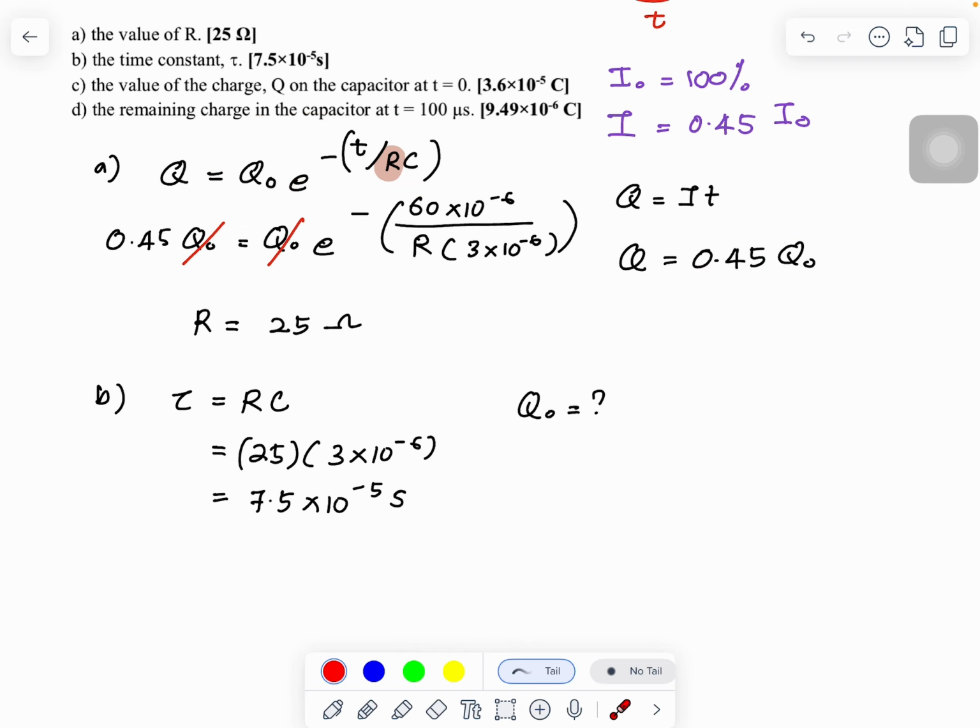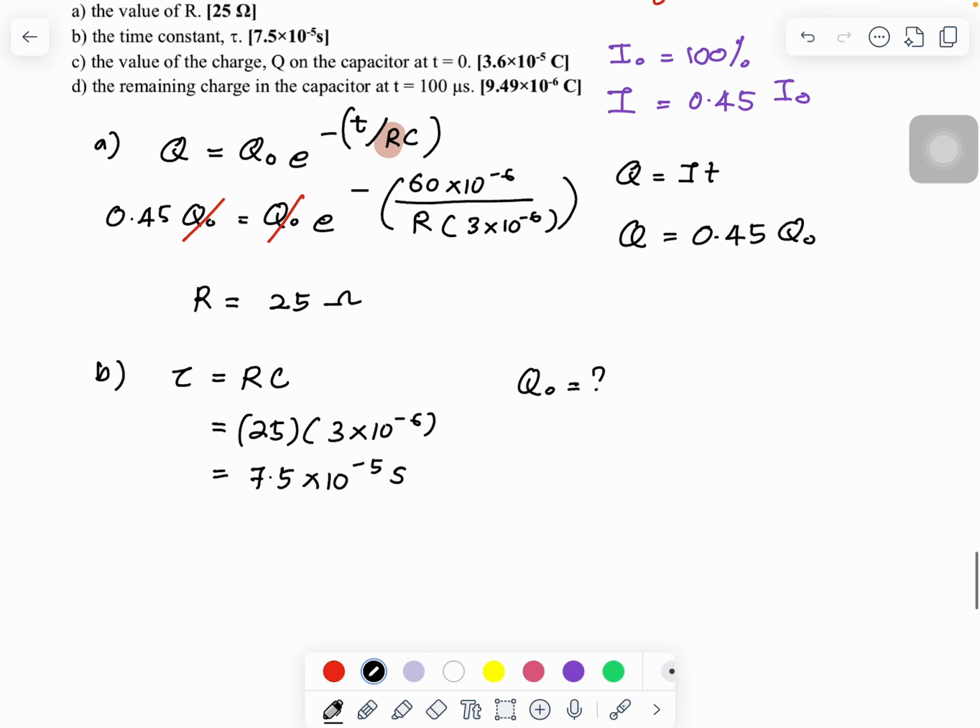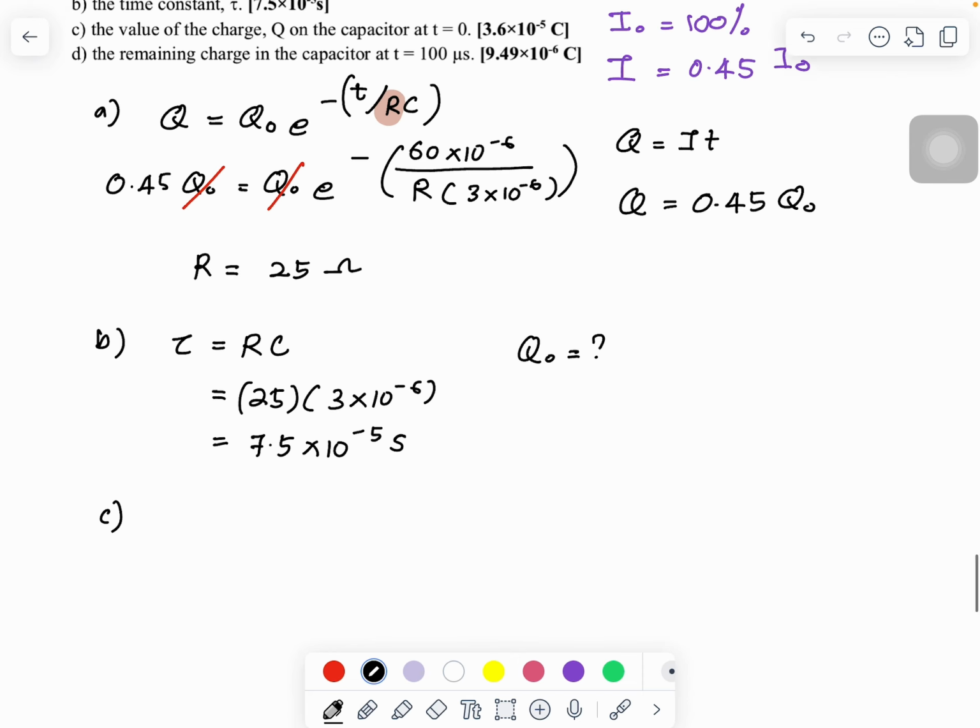Or we can also use another formula di mana kita relate dengan capacitance and voltage. The formula from the first subtopic, Q is equal to CV. Since kita mau cari initial, so dekat sini akan jadi Q naught, dan V naught.